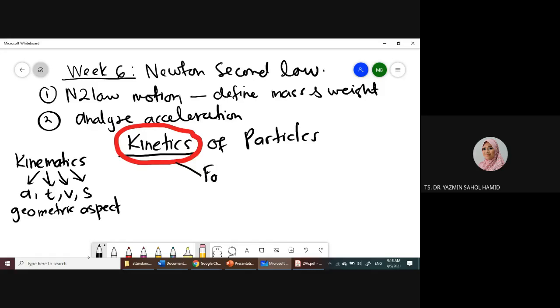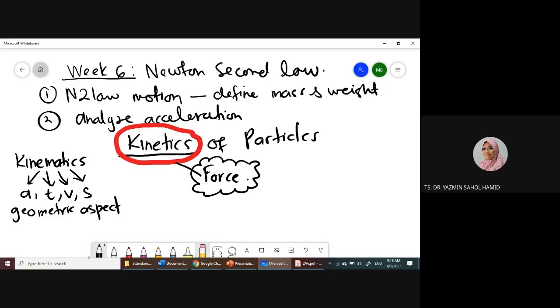Now we have force involved. That is the difference. Previously when you learned kinematics, there is no force involved. Now that we are studying kinetics of particles, we are involving force. That's why we're using Newton's second law.